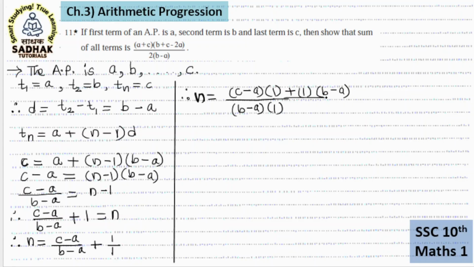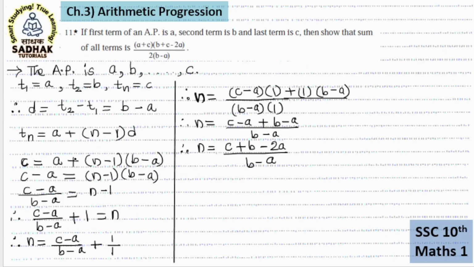So what we are doing is rationalizing the denominator, right? Therefore n will be equal to C minus A plus B minus A upon B minus A, since 1 multiplied by anything is the same number. Now in the numerator we have minus A twice, which we can add, so the n value becomes C plus B minus 2A upon B minus A.